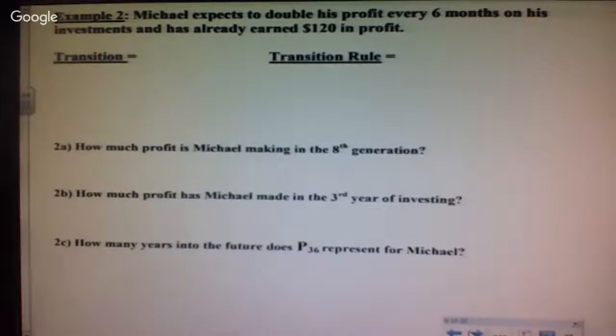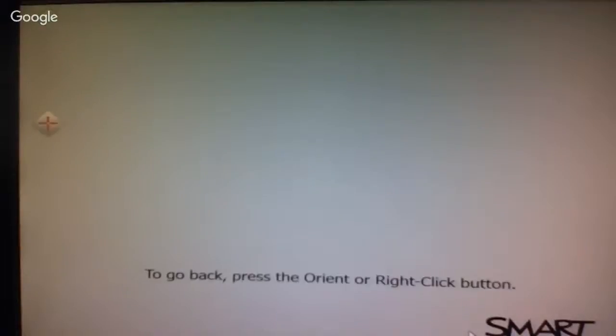Okay, so Michael's expected to double his profit every 6 months on his investment and has already earned $120 in profit. So that means P sub 0, my sequence, starts at 120. What does it mean if it says he's doubling? 120 times 2.